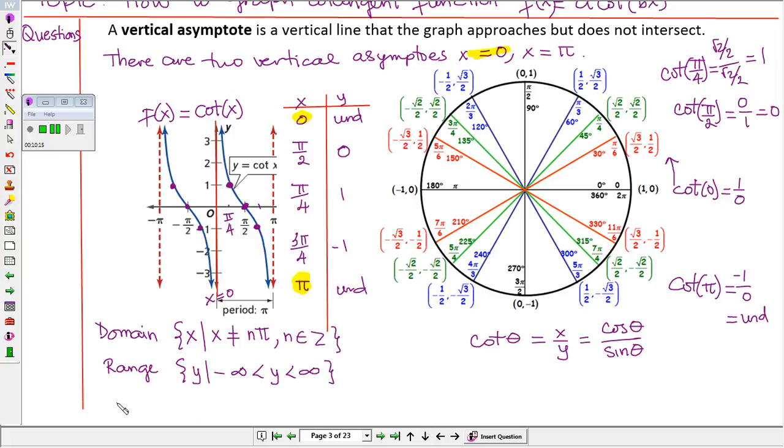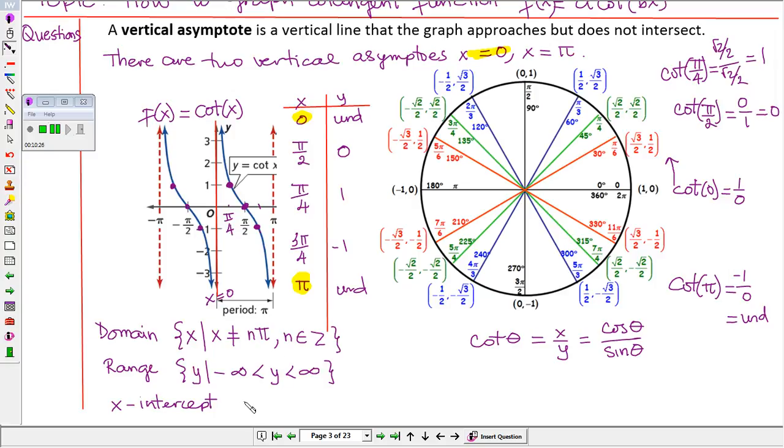Let's move on to the x-intercept. Here, look at these two periods. We can see that the x-intercepts will be pi over 2, negative pi over 2.